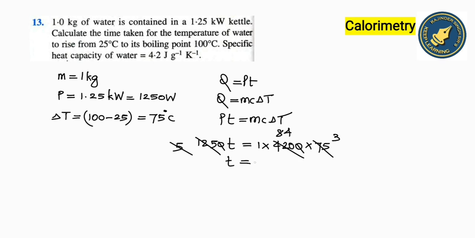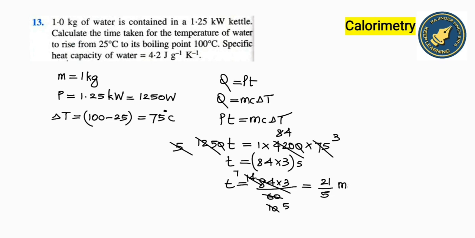So let us write this. It is 84 into 3 seconds. If you remember, I told you it is more than 60, so convert that into minutes, dividing by 60. 6 10s are 60, 6 14s are, again 2 7s are 14, 2 5s are 10. So you are left with this 21 upon 5 minutes.